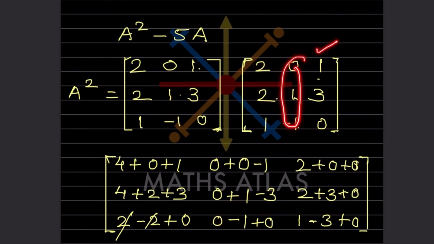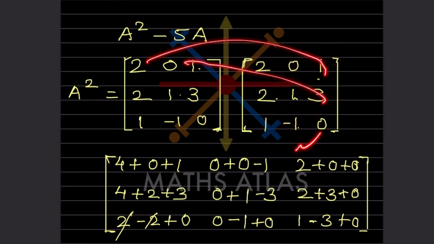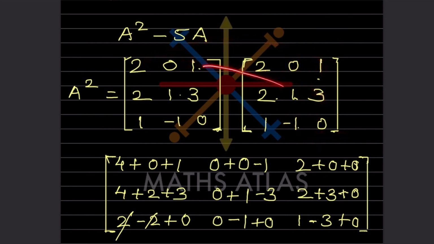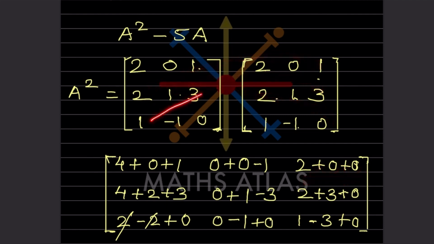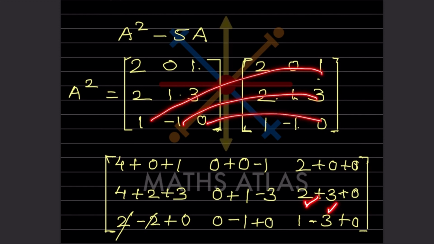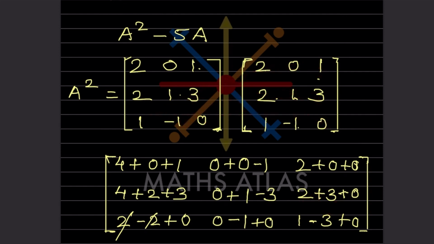Now let us see for this one. 2, 0, 0. Then 2, 3, 0. 1, minus 3, and here 0. So now this is done.